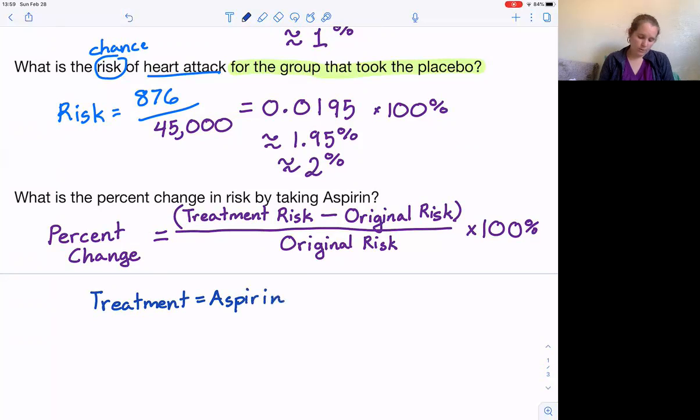The original will be referring to the placebo, without treatment. We just found those two risks.